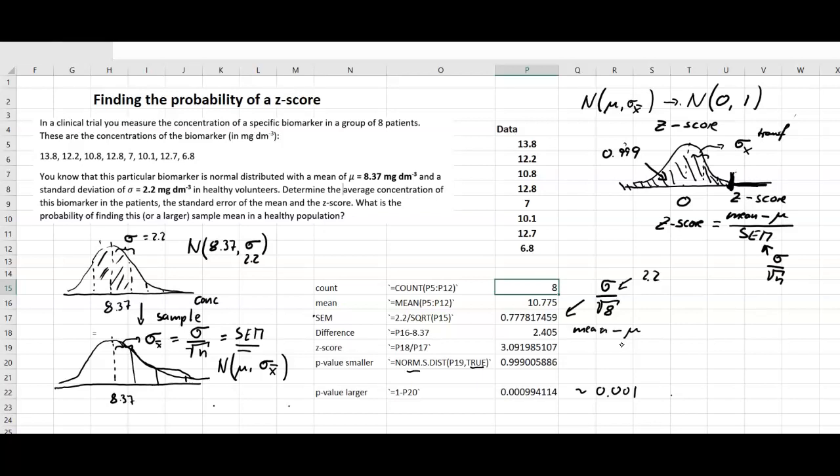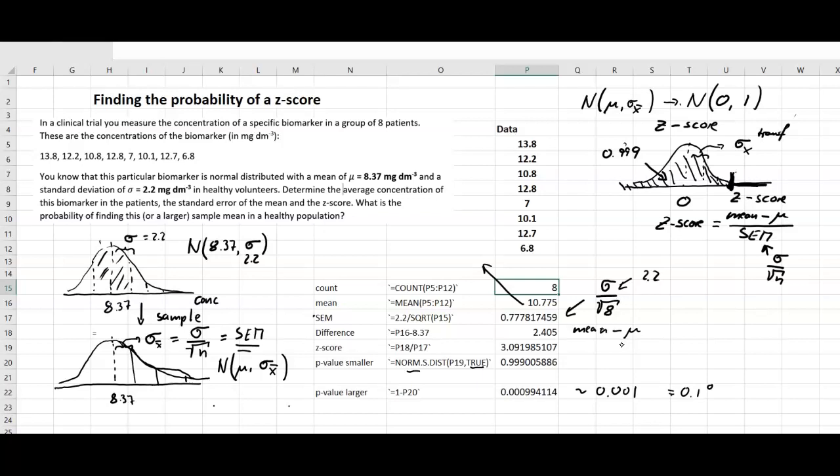So the probability of finding a z-score of 3 is 0.001. Or in other words, the probability of finding this mean of 10.78 milligram per cubic decimeters, the probability of finding this mean for a normal distribution with 8.37 and 2.2 standard deviation is roughly 0.001, or roughly 0.1%.